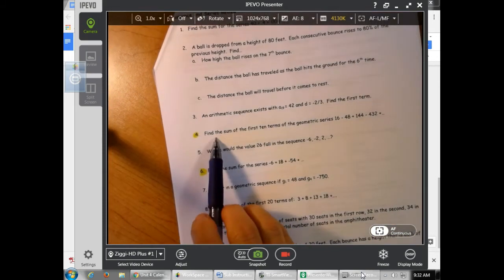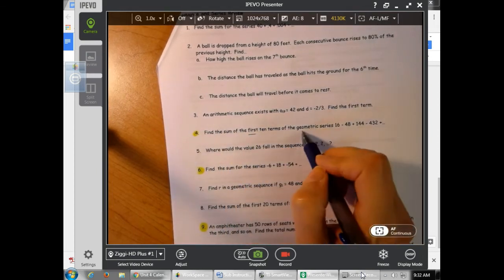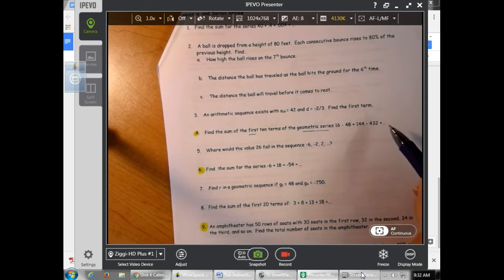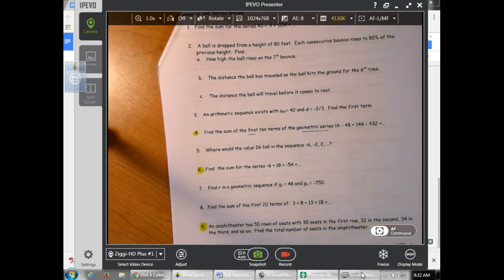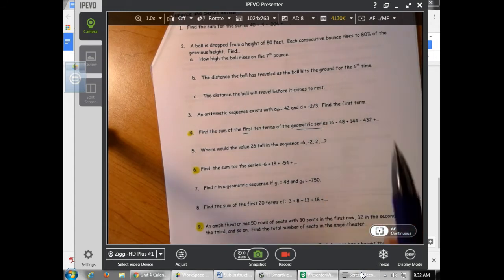So number 4, find the sum of the first 10 terms of the geometric series, and they give you the series. So essentially what I need to do is figure out what R is, and just a quick review. If you're not told that it's geometric and you want to test it, you're going to divide your values.